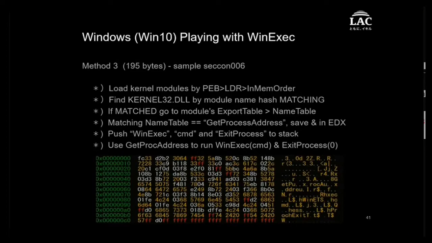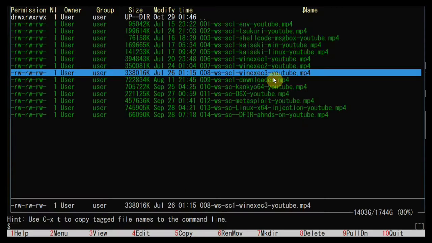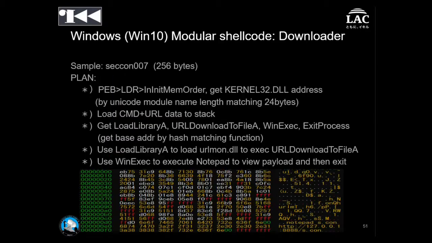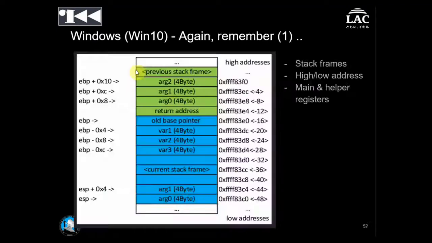The next is we try to understand the modular concept of shellcodes. It is provided with an example. The example file name is second007, but the video name is different. The video name is video 009. So yeah, this is actually the modular shellcode.